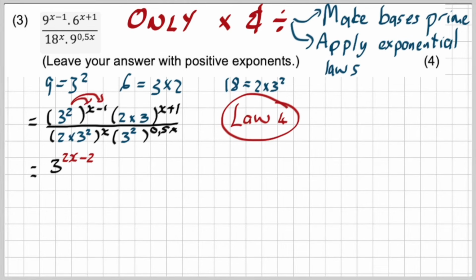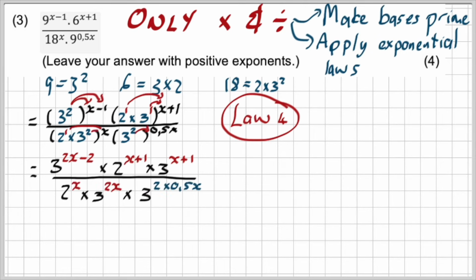Again, for the sake of time, I'm just going to show you the first one. So 2 to the 1 times 3 to the 1 is going to be 2 to the x plus 1 times 3 to the power of x plus 1. And now I'm going to repeat that process in the denominator.